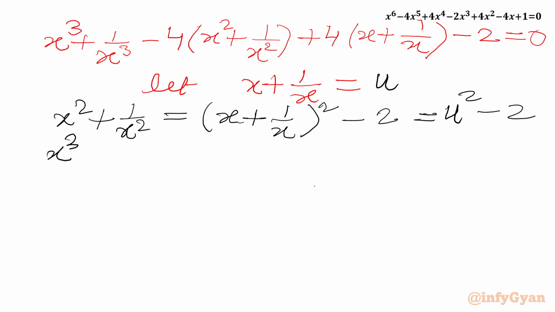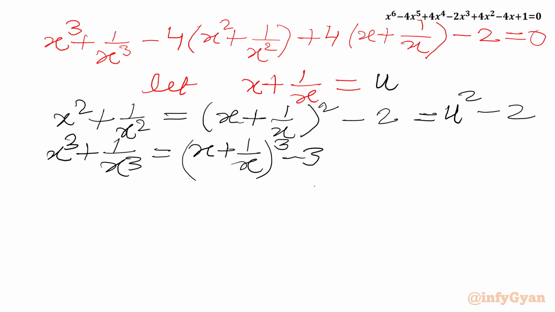Similarly, we will write x cube plus 1 over x cube. Using formula, we can write here x plus 1 over x whole cube minus 3 times x plus 1 over x. Now x plus 1 over x is u. So we can write this will be equal to u cube minus 3u.